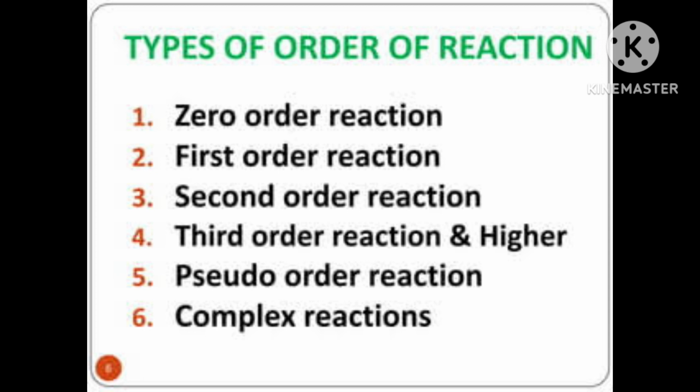But now what power do you write? Power is just telling about the order of reaction. Molecularity is 2, 1 plus 1, which you can tell by seeing the balanced equation. But order of reaction you can't tell by seeing the balanced equation.